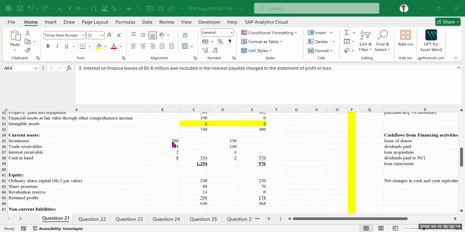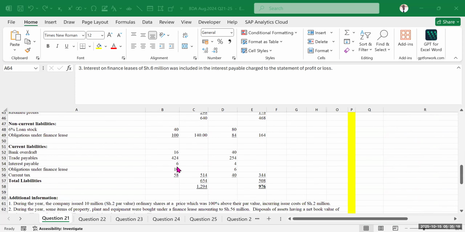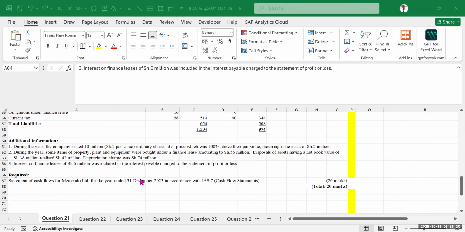All right. Members, I would want us to look at this together. You see, when we are told that interest on finance lease of 6 million was included in the interest payable charged to the statement of profit or loss, you realize that a finance lease is a source of financing for companies.